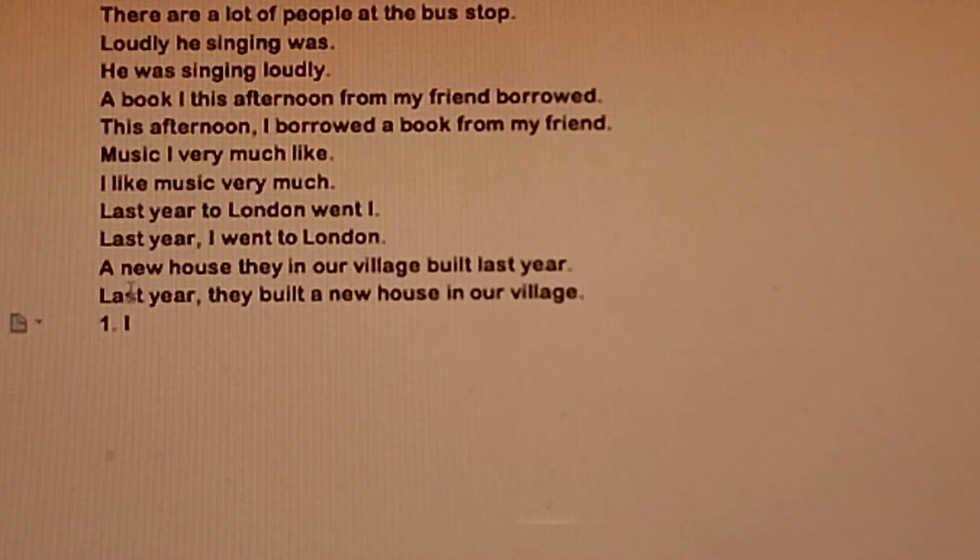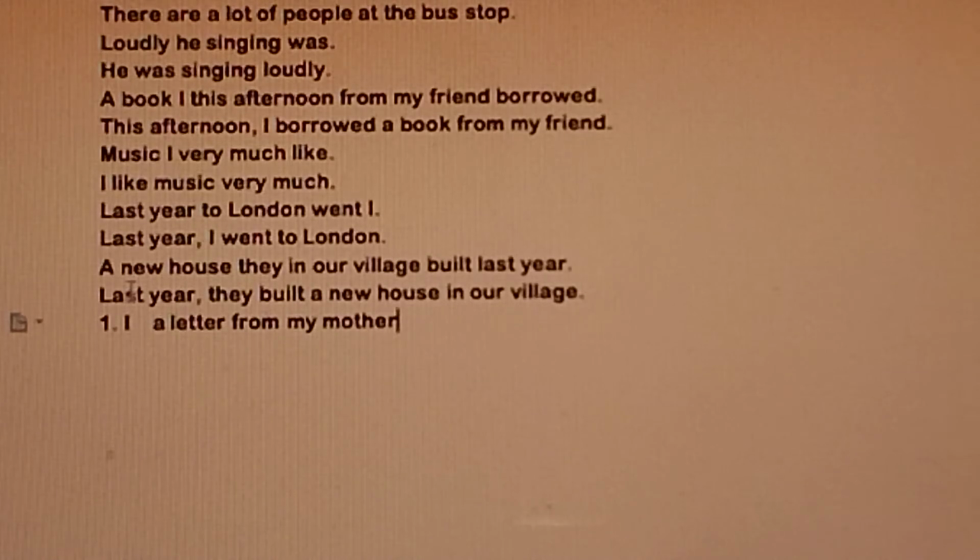One, a letter from my mother received last week.